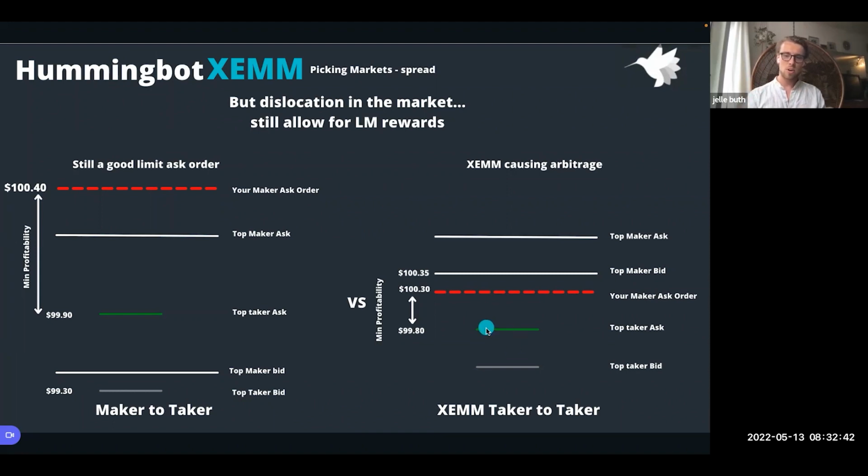So let's say your taker market price shifts significantly downwards. That means that your top taker ask is here. If it then places an order on the maker exchange, your maker ask order is already better than the top maker bid order, and then it will automatically be filled. So you're capturing that arbitrage opportunity in that case. So that's also something that happens. I think this doesn't happen a lot.